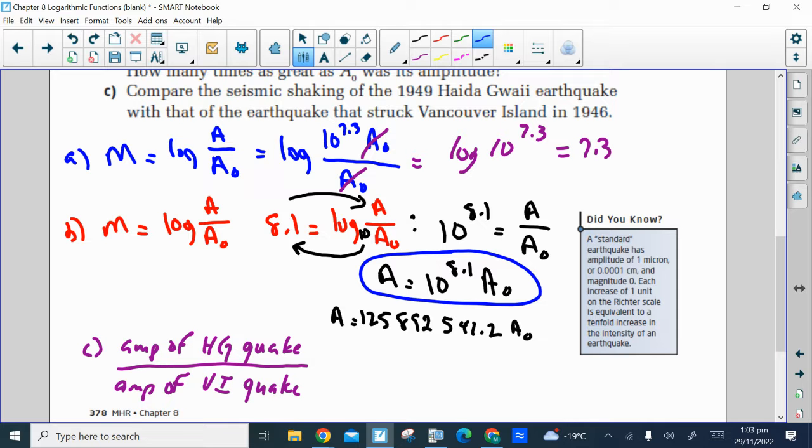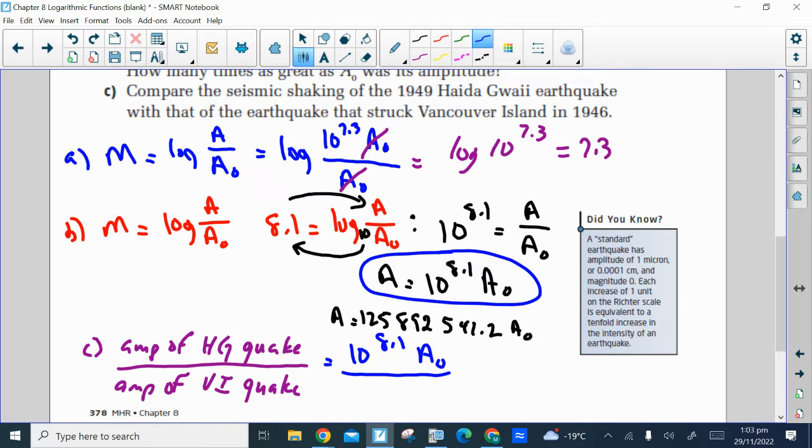The amplitude of that earthquake was 10 to the power 8.1 times A sub 0. That's the amplitude of the Haida Gwaii quake. And where the 8.1 came from, it was the magnitude of that earthquake. That's the Richter reading. So we can do the same thing for the Vancouver Island earthquake.